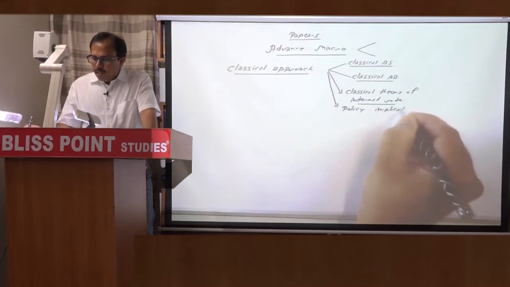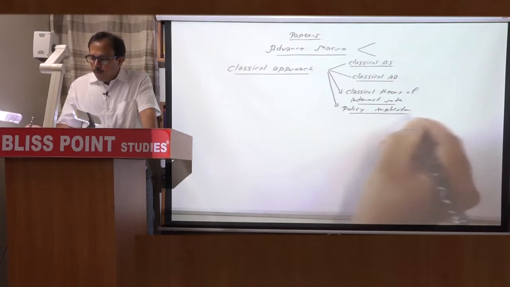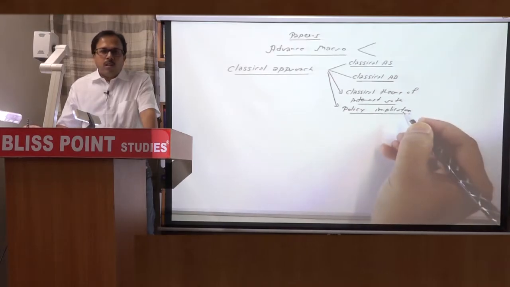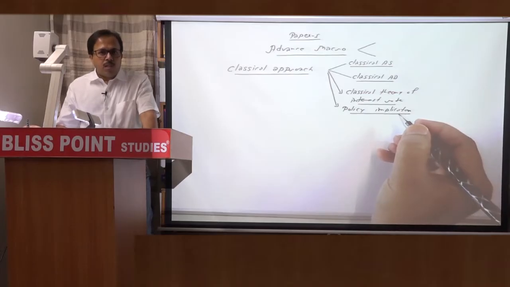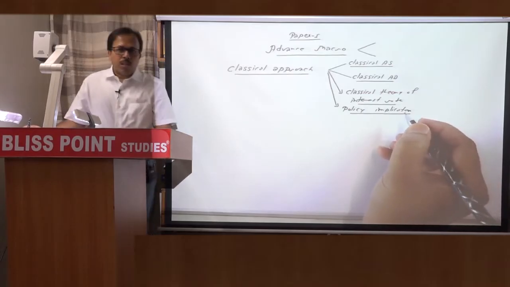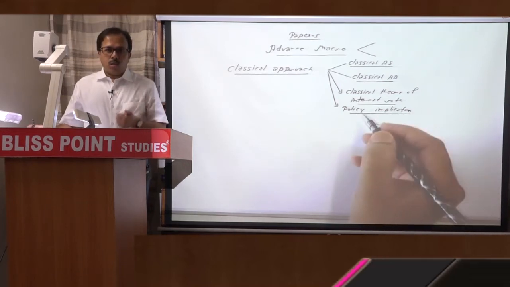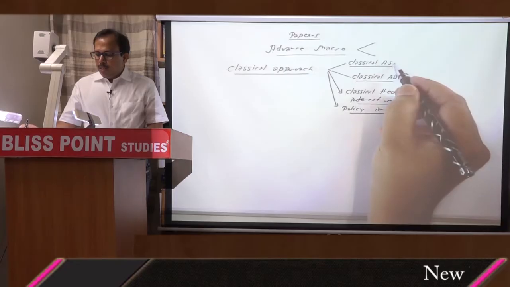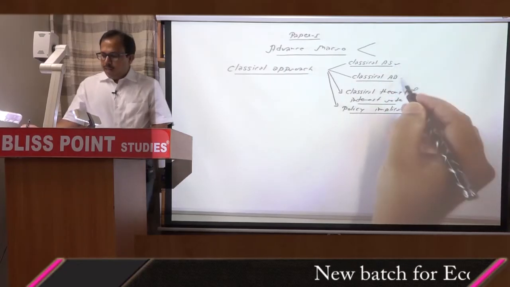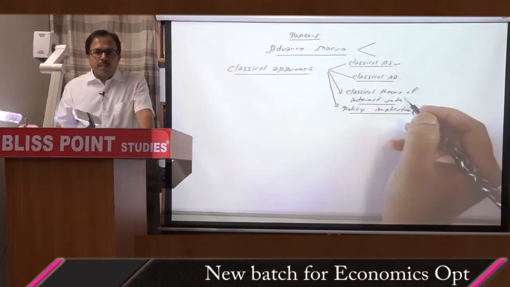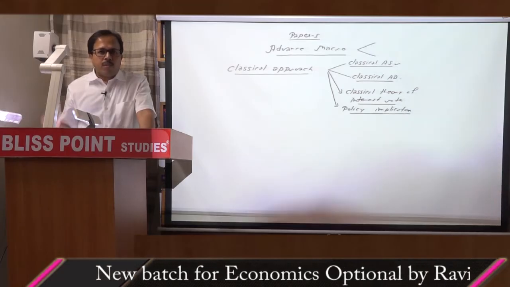That means what will be the implication of policy on the economy. So fiscal policy implication, monetary policy change implication, but to explain that we need tools, and it will be provided by the aggregate supply curve, aggregate demand curve, and the classical theory of rate of interest, which is known as the loanable fund theory of rate of interest.